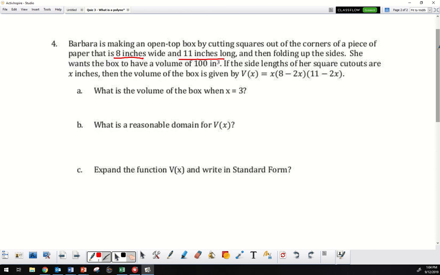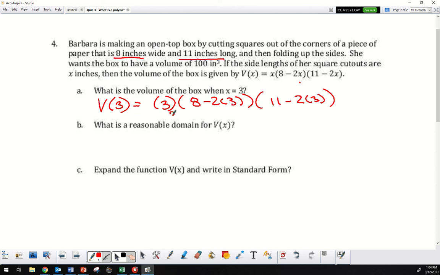For this, it's v of 3, which is 3 times 8 minus 2 times 3, times 11 minus 2 times 3. So it's 3 times, this gives me minus 6: 8 minus 6 is 2, and 11 minus 6 is 5. Altogether, I'm going to get 30.